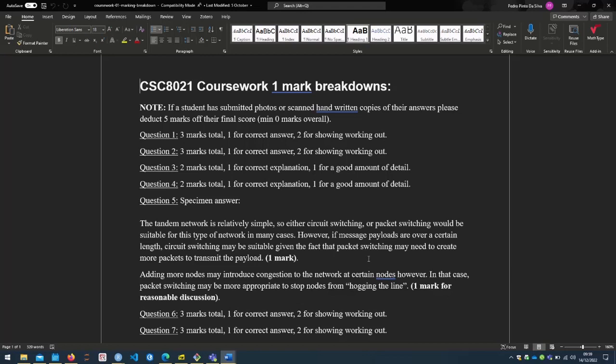So it's not so much the calculations that matter, but what you learn from doing these calculations about the trade-offs between the two types of networks. Hope that makes sense.